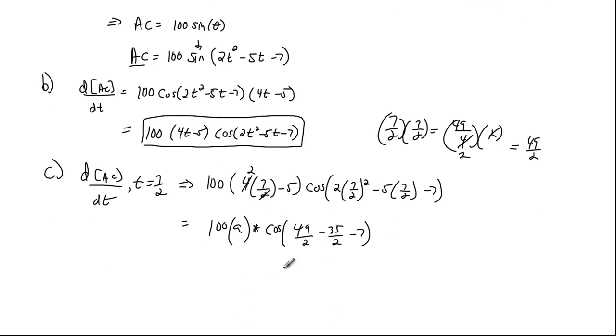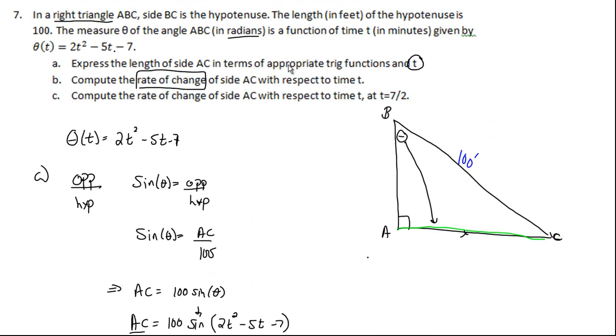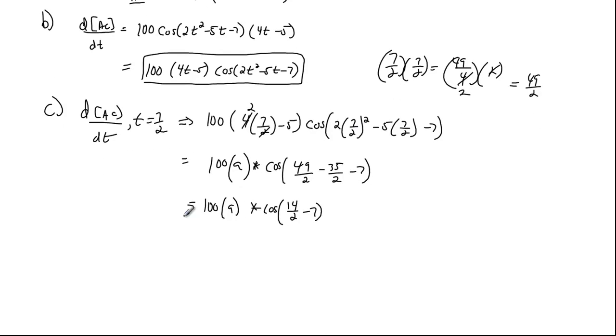So in this circumstance, we're going to have 100 times 9 times cosine of 49/2 minus 35/2, which gives you 14/2, minus 7. Make sure I did that right. Yes, 14/2 minus 7.